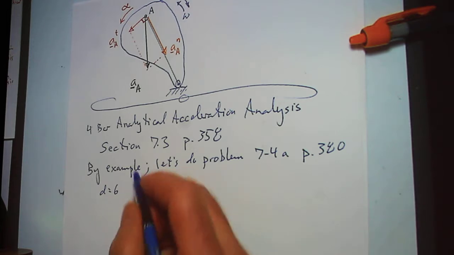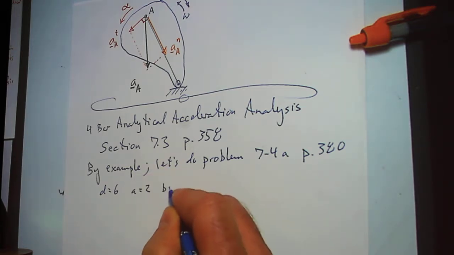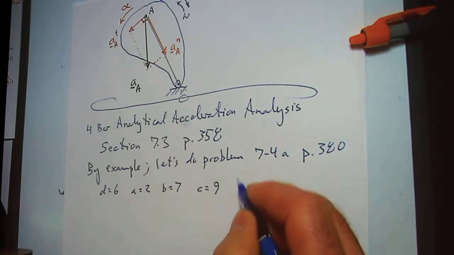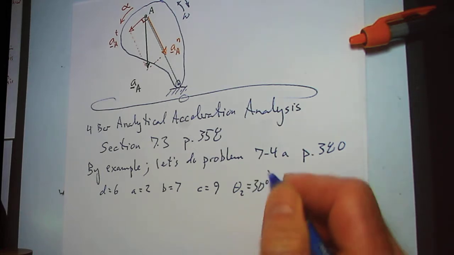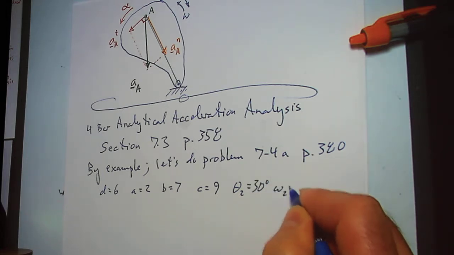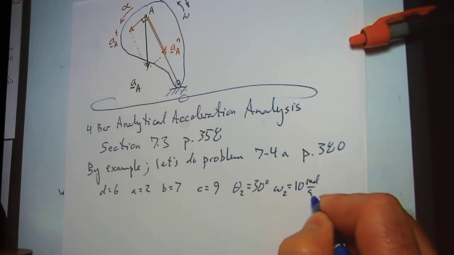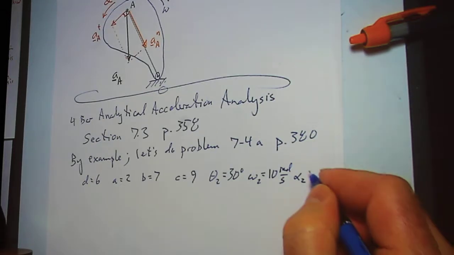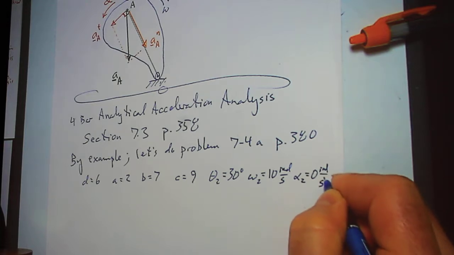So let me write this out here. So I got A is equal to 2, B is equal to 7, C is equal to 9, theta 2 equals 30 degrees, omega 2 equals 10, that's in radians per second, and alpha 2 equals 0 radians per second squared.